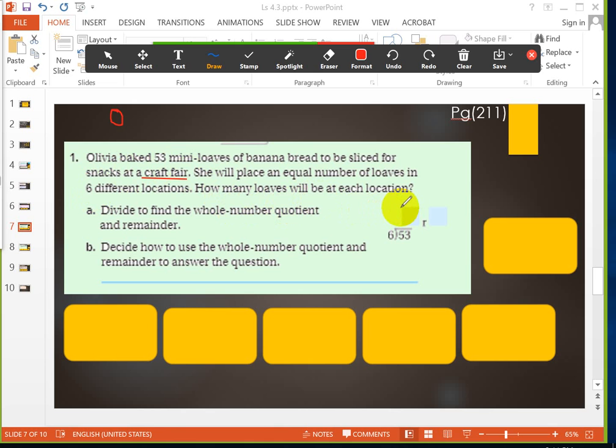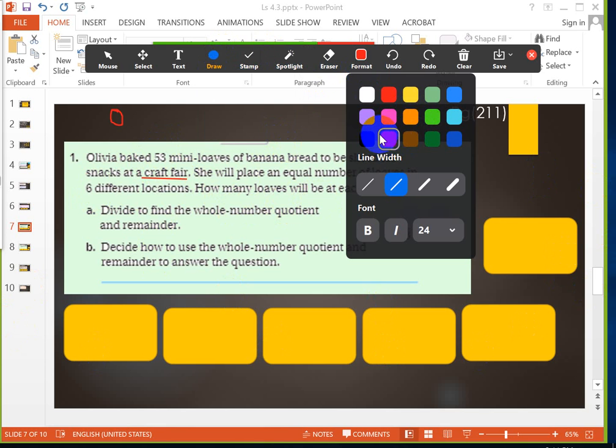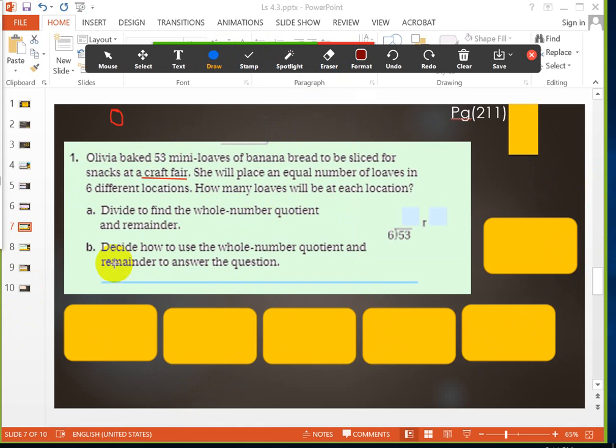Now let's divide. I want to divide 53 loaves among 6 locations. Let's start, girls. 53, that means I will divide evenly to know the quotient. So 1, 2, 3, 4, 5, 6.